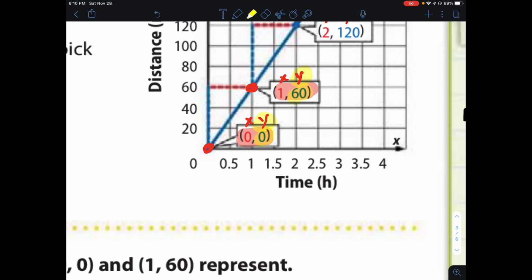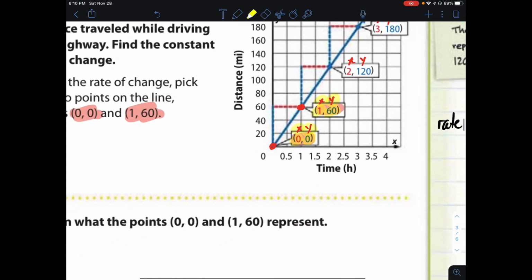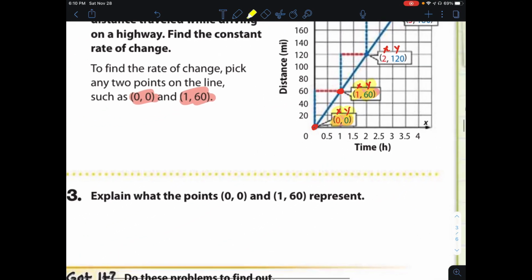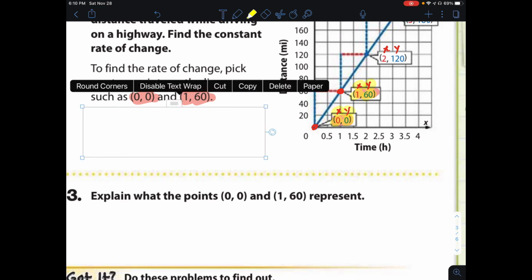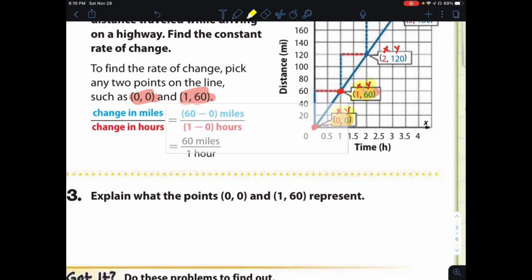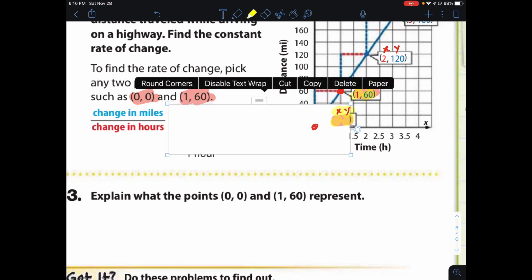So we subtract 60 minus 0 because that is the difference between the two. That is the change in y. And our change in x would be 1 and 0, so we do 1 minus 0. Doing that, we have this given here.